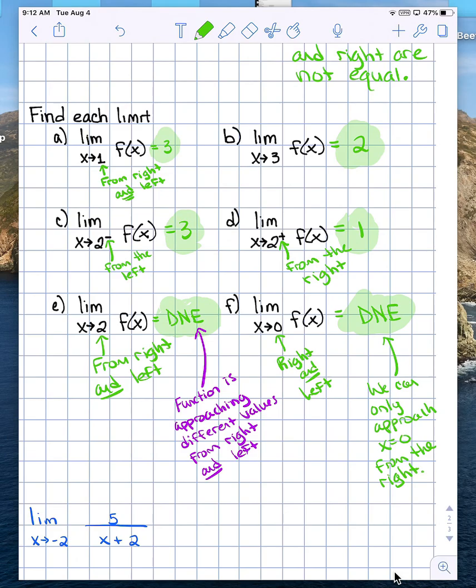It's an endpoint, so that limit does not exist at that endpoint.